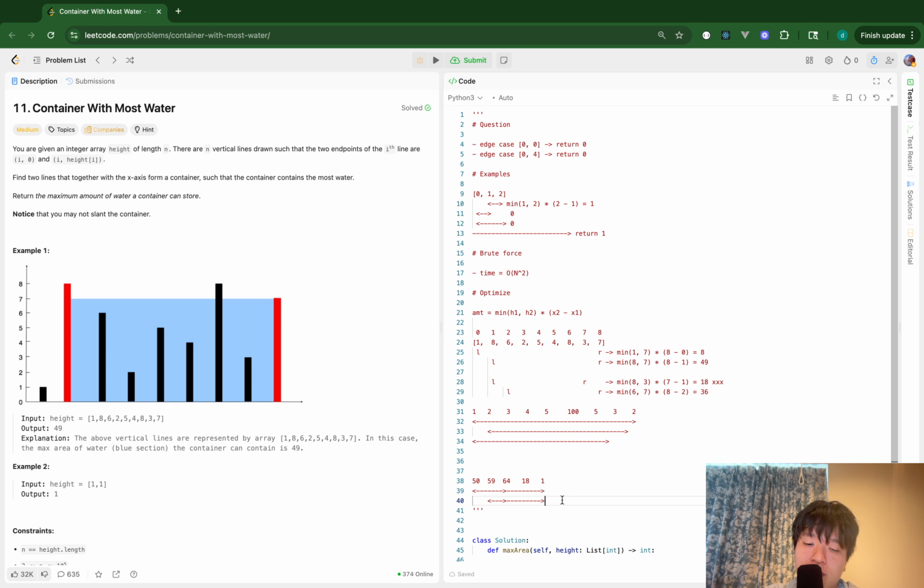And when I start from here, I start from this, and because this is decreasing, it was trying under this one. So this has n squared time complexity.